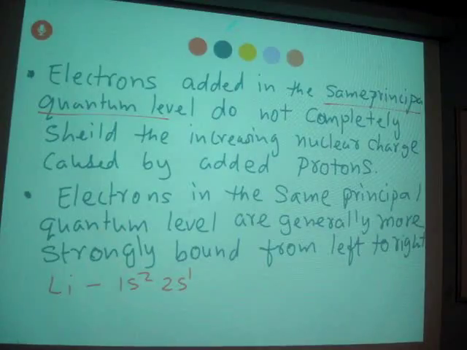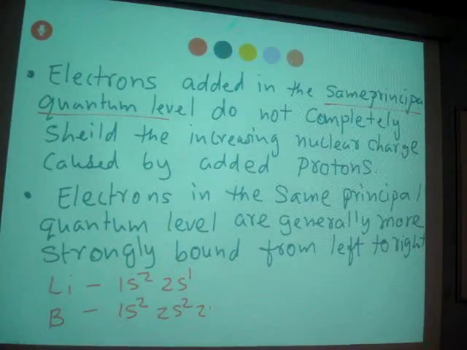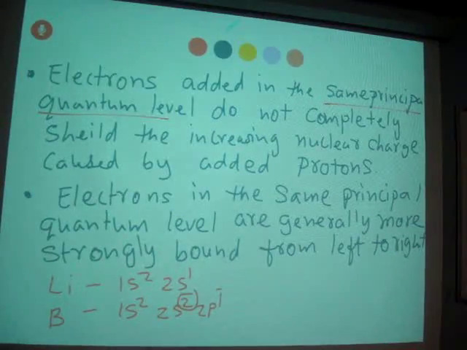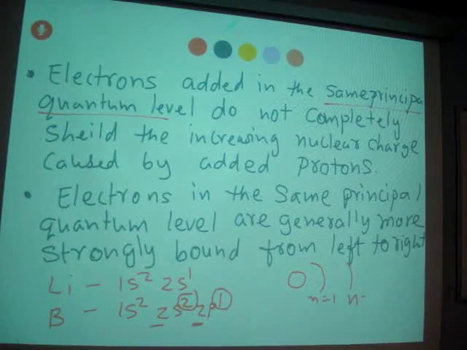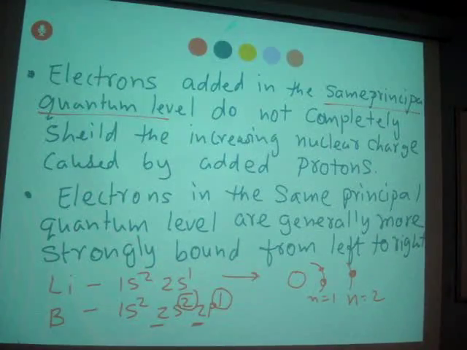And for boron, 1s2, 2s2, 2p1. When you add electrons, these electrons are added into the 2p level, the same quantum level. Let's say this is level 1, n equals 1, and this is n equals 2. You see there are 2 electrons here and 1 electron here, for lithium.